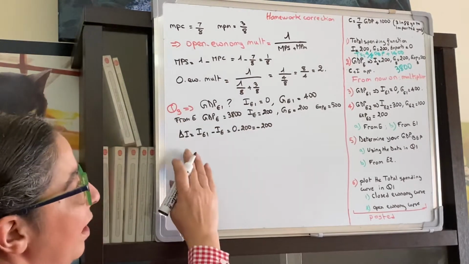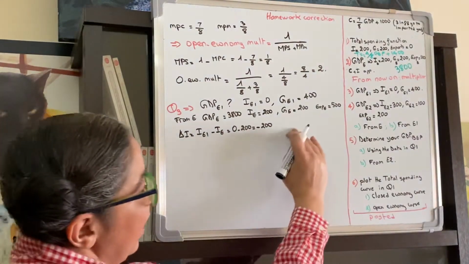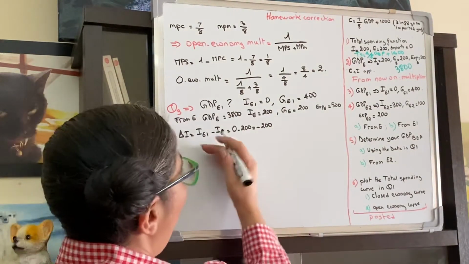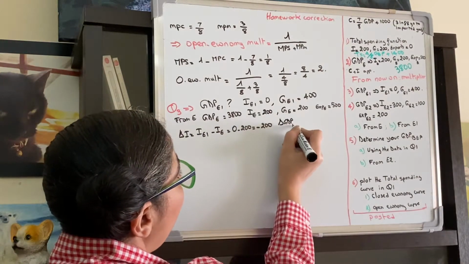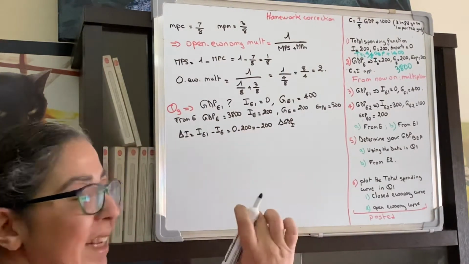I'm going to calculate the delta GDP directly next to it. This way I don't waste space. So delta GDP due to I, so what I do, I write a little index.